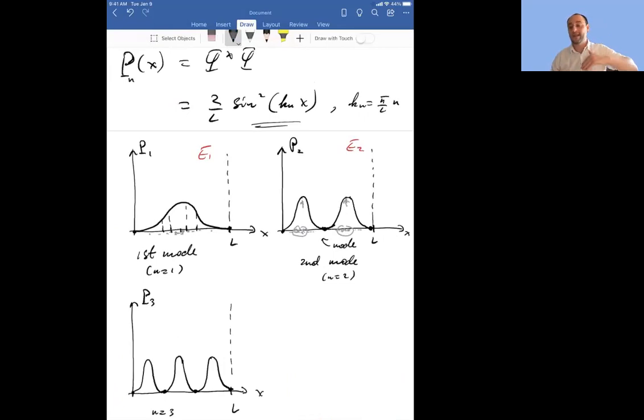You have progressively higher number of nodes and antinodes as you go to higher and higher excited states. The curvature of the wave function progressively increases. The energies are discrete. The energies progressively increase and so on. There are a lot of commonalities here.